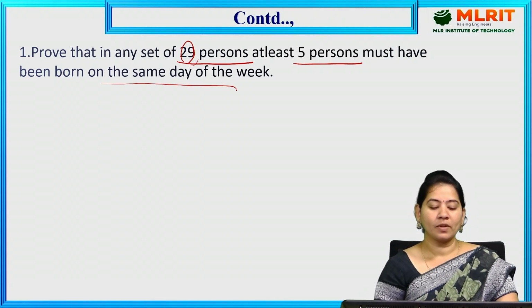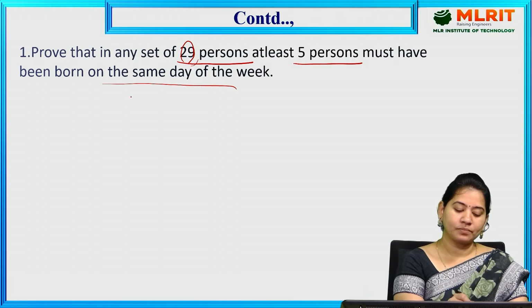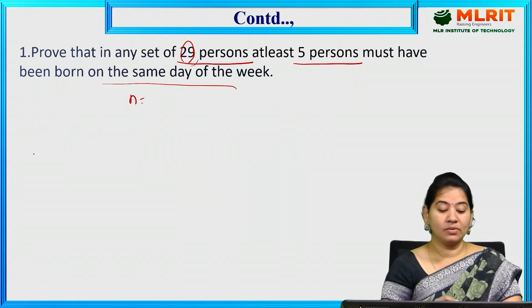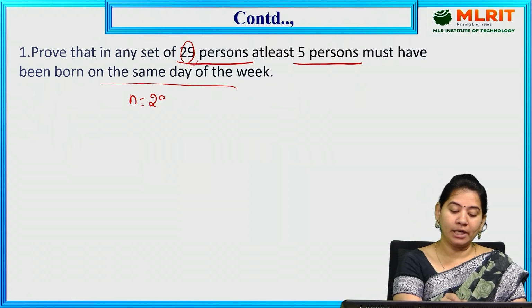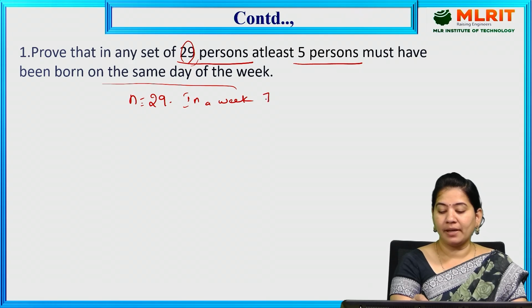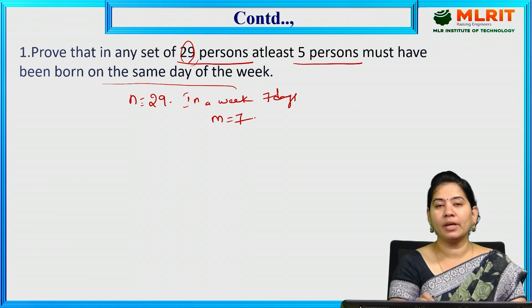Here our goal is to find the number of pigeons, and the number of pigeonholes is also given. Here n is the number of pigeons, so n is equal to 29, and in a week we have 7 days, so m is equal to 7.